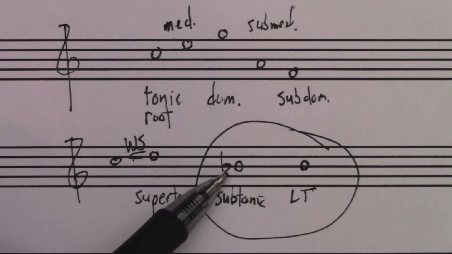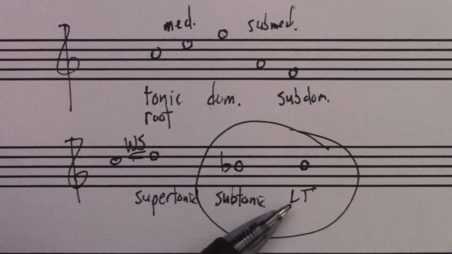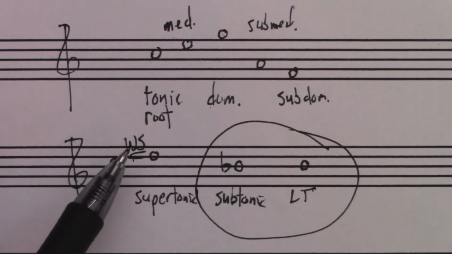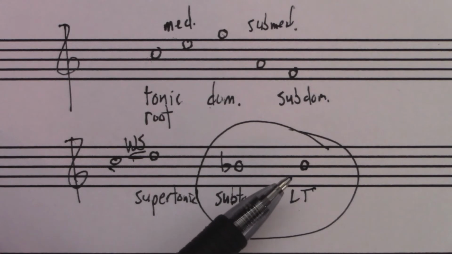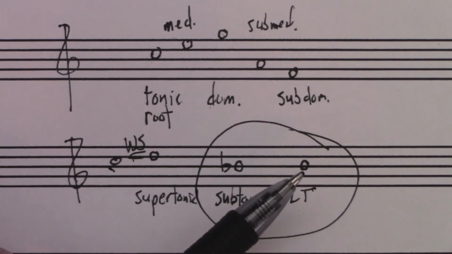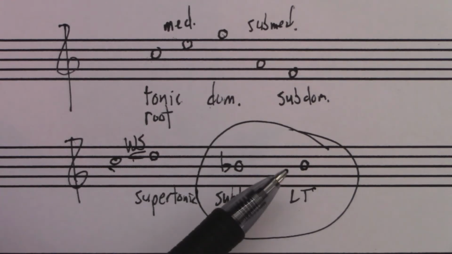Subtonic is down a whole step from the tonic. The leading tone is down a half step. The leading tone is Ti, which leads up to Do. Okay? If you do solfege, that's why they call it the leading tone.